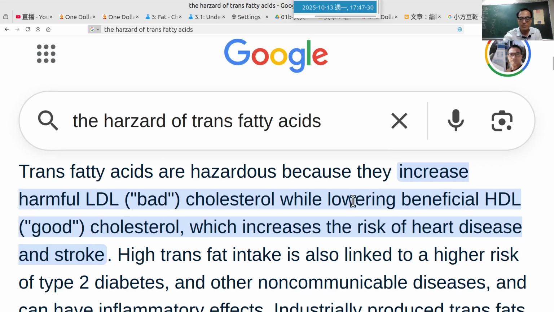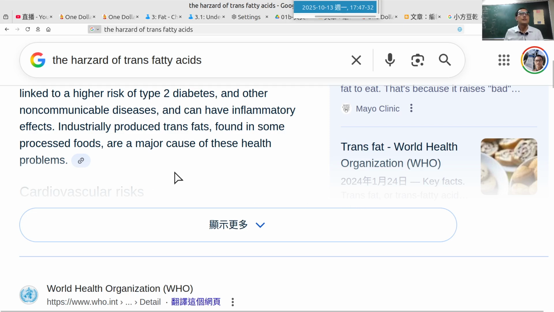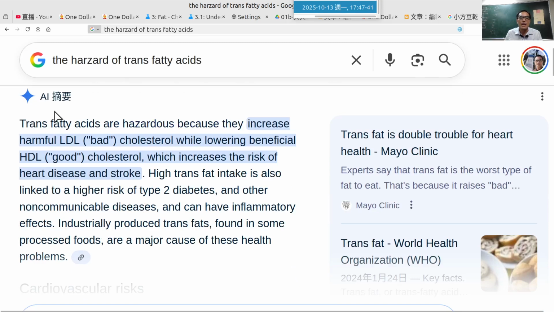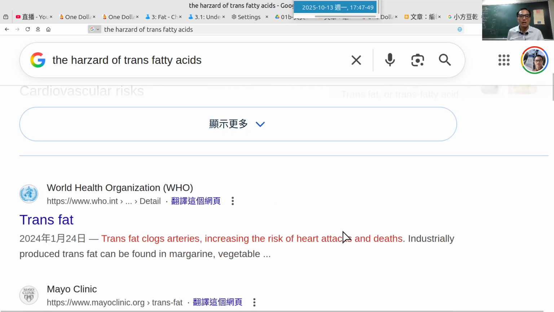If you're interested, you can select the notes here and copy and paste them into your notes. But just a reminder: the AI summarized this, but it's not a good source. You can get a concept, but it's not a good source.